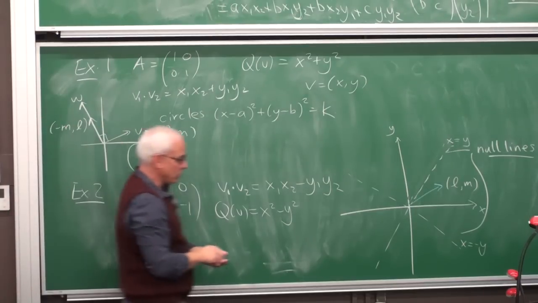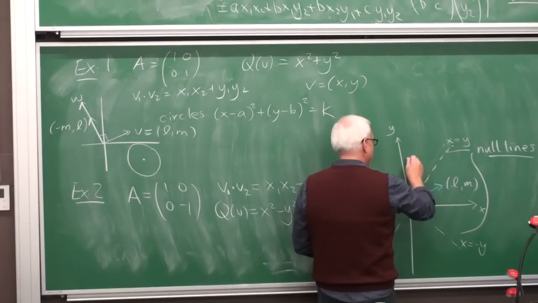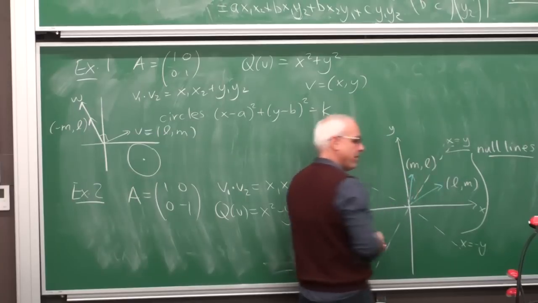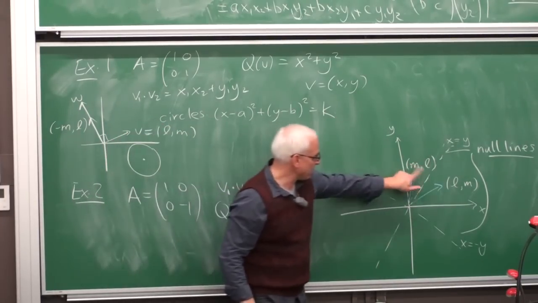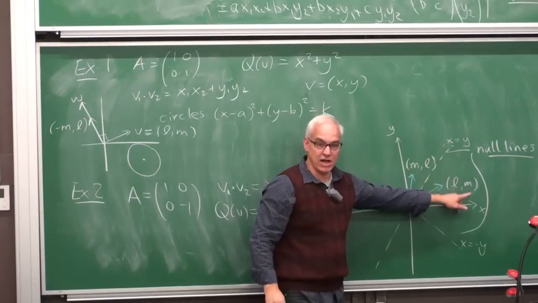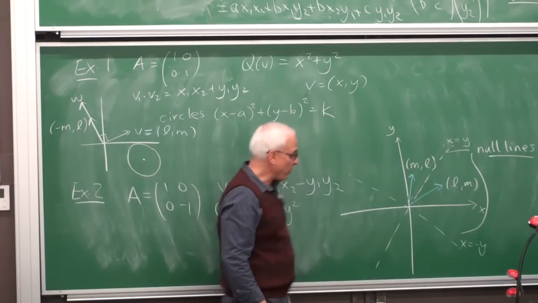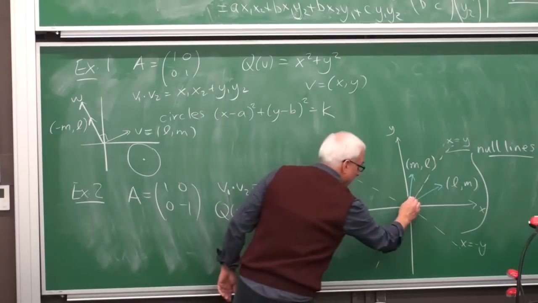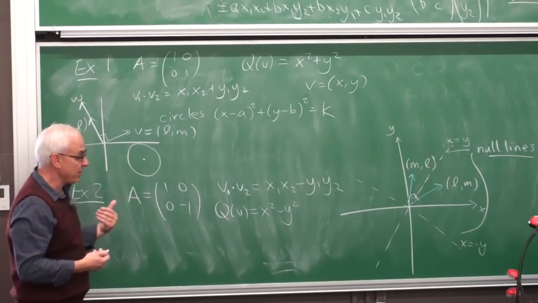Over here, what we should do is choose the vector (m, l), because now the dot product will be m times l minus l times m, which is 0. So the perpendicularity, here it is right here, is quite different than it is in the Euclidean geometry.